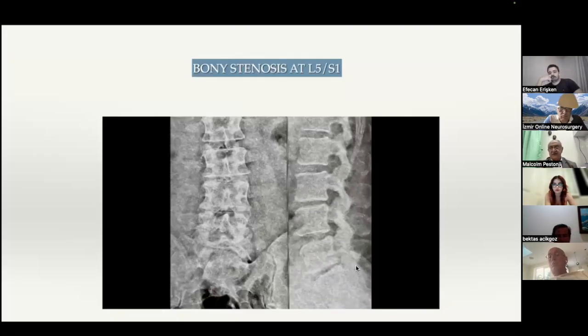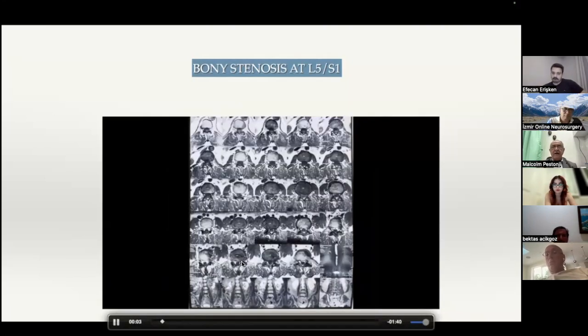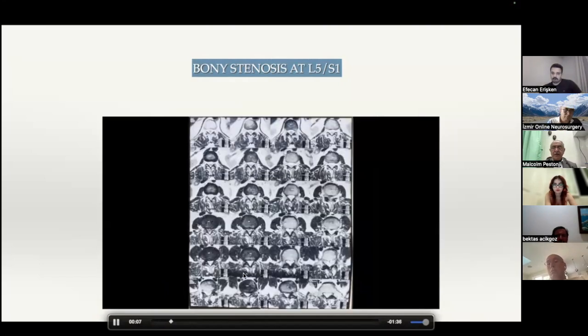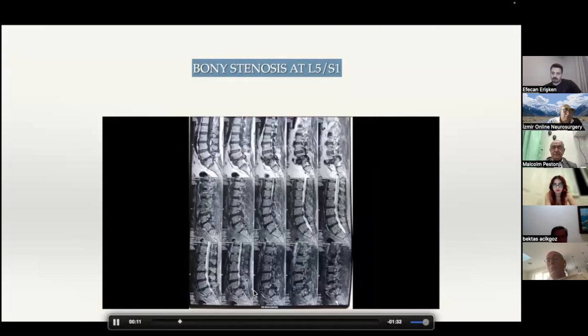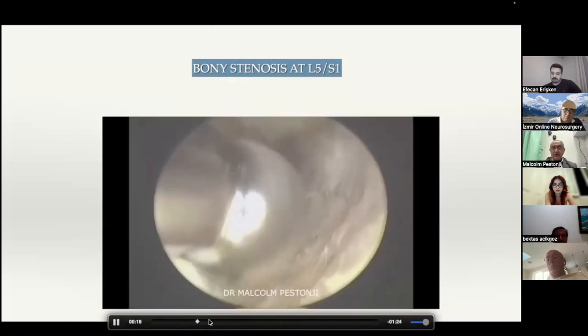See this patient. There is a bony stenosis here at L5-S1. It's hard. It's bone. What should I do? So again, I do a para-UBE by an alar approach.